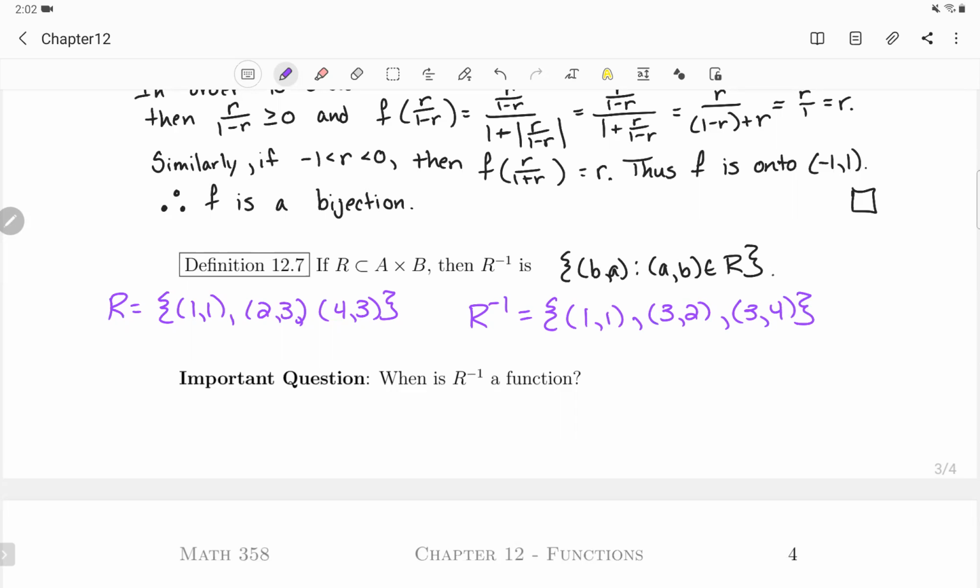This is actually what you did when you talked about inverse functions. You switched the x and the y. You switch the input and output. That's all we're doing.